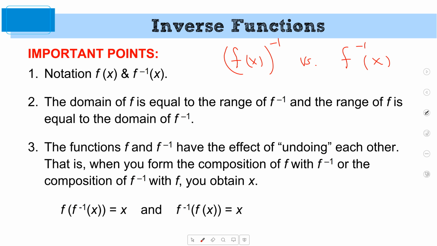So let's suppose you get a big scary function and you don't know what the range is, but for some odd reason you know what its inverse is. You can always use the domain of the inverse. And then last but not least, if you make a composite function out of a function and its inverse, you get x every single time. If you don't get x, they're not inverse functions.